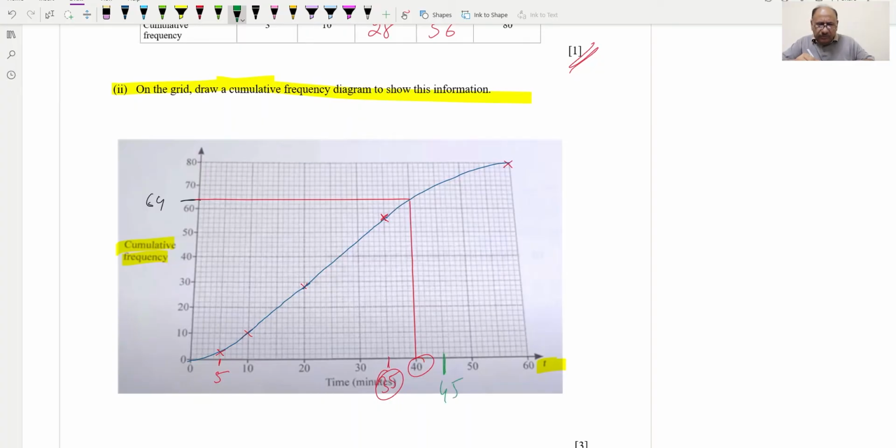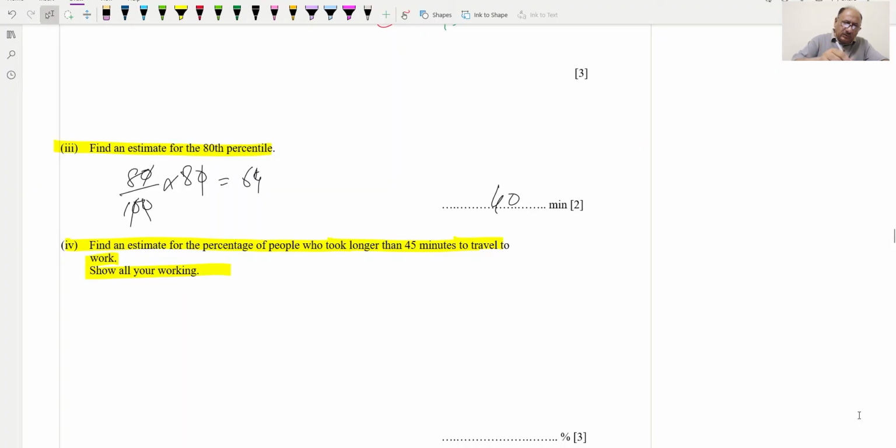From here we can check the value, and this is up to 70. So 80 minus 70 will be 10. So we can take this one, 80 minus 70 will be equal to 10.